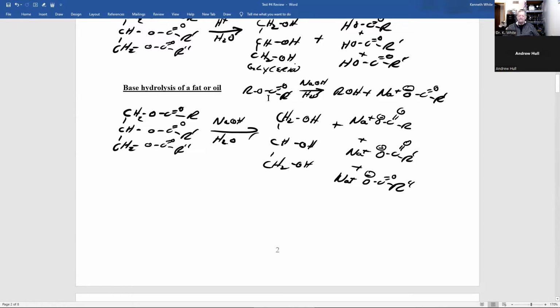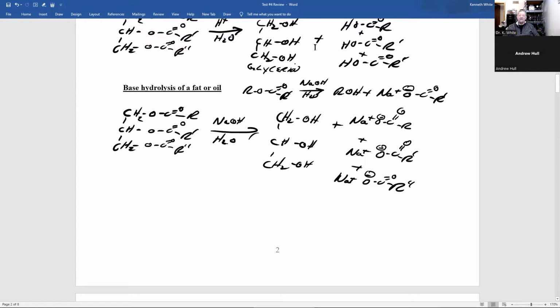If we have an ester and react it with base and water, sodium hydroxide, this is called saponification of an ester. Here, you get back the alcohol you would have used to make that ester, but in the presence of base, the carboxylic acid forms the carboxylate anion.